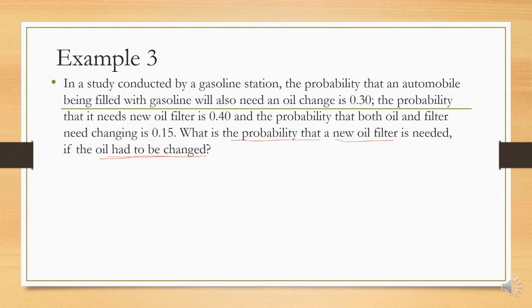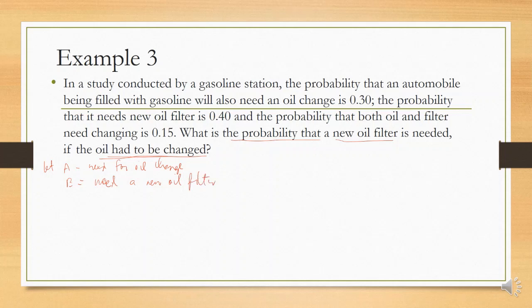Okay? So, para hindi tayo malito, let us have notation. Let A be the need for oil change. Okay? And B is the probability that we need a new oil filter. Okay?